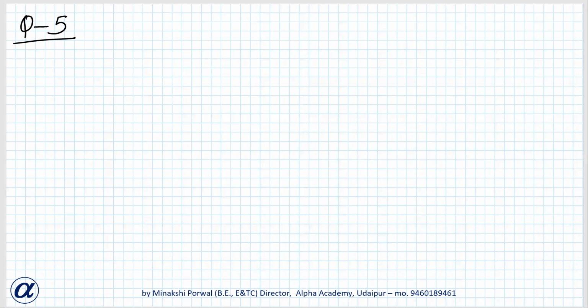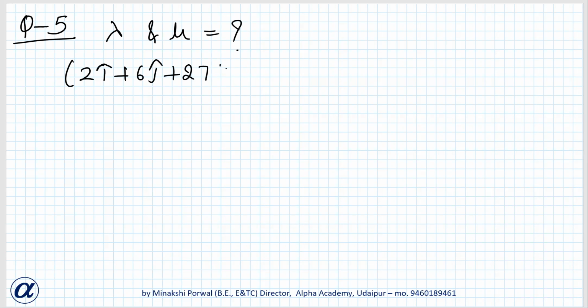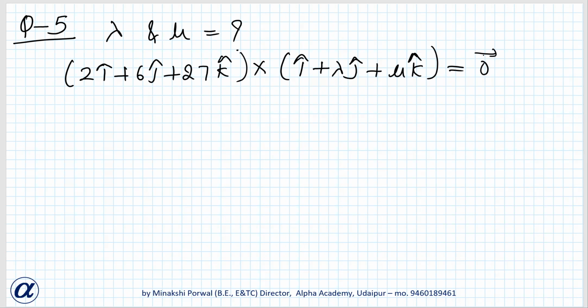Question number 5. Find lambda and mu. If (2i + 6j + 27k) × (i + λj + μk) equals a 0 vector. So we have to find the cross product of two vectors.